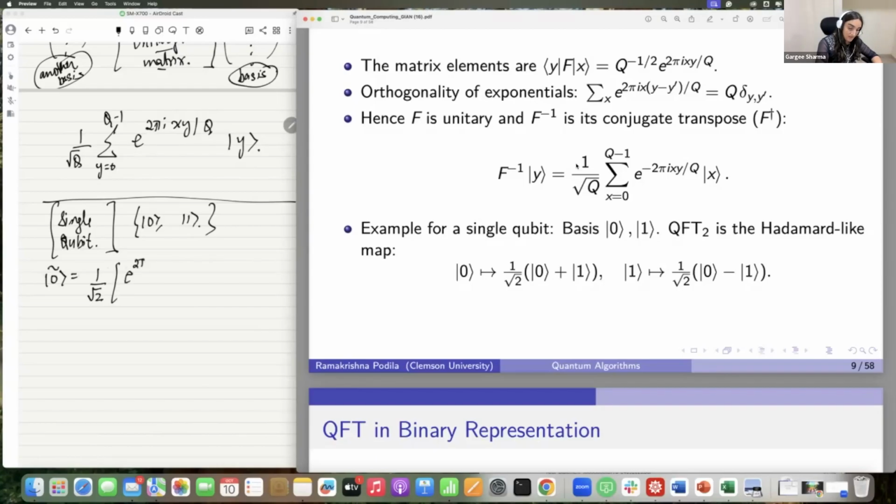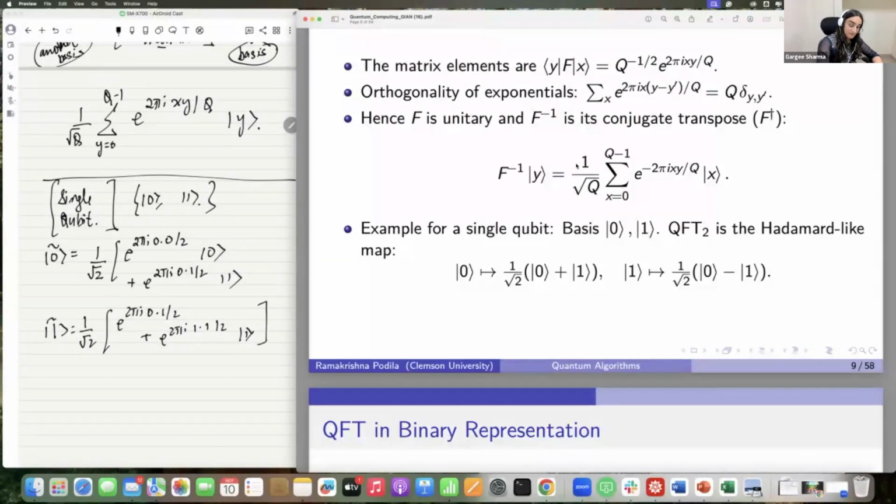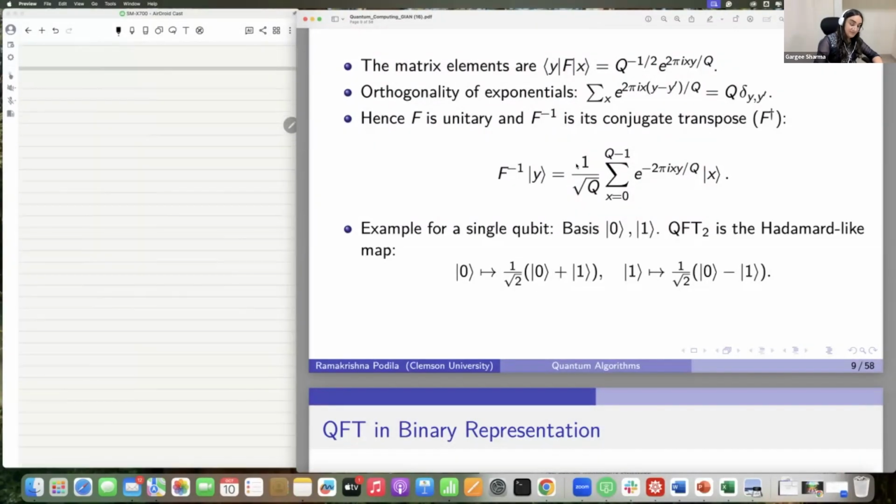Exponential 2 pi i 0 times 0 by 2, ket 0, plus exponential 2 pi i 0 times 1 by 2, ket 1. And 1 tilde is the same thing, exponential 2 pi i 1 times 1 by 2. These can be easily evaluated.